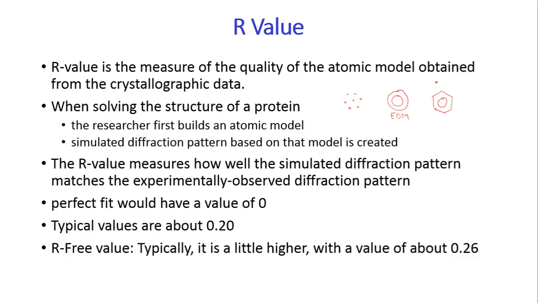This is the diffraction pattern. Then you obtain the electron density map, and then you generate a model that would fit in your electron density map. So now what the researcher does is that they first build up the model.